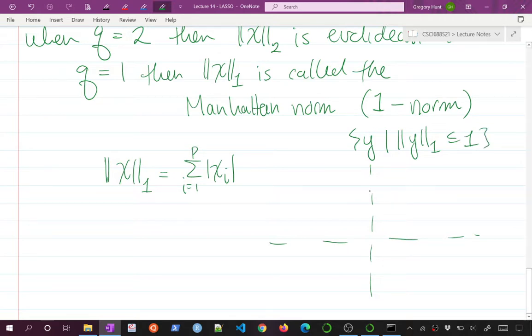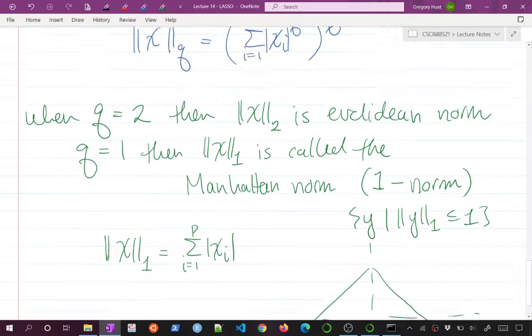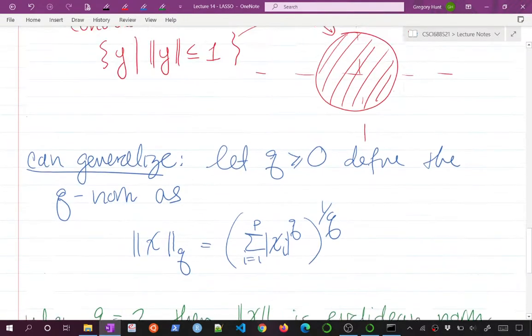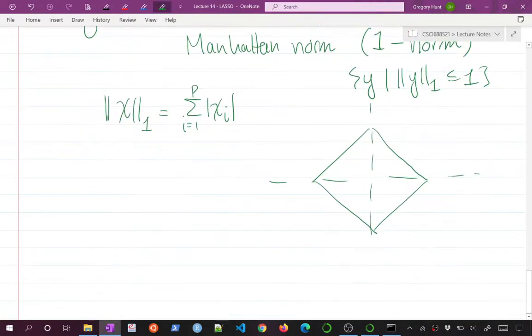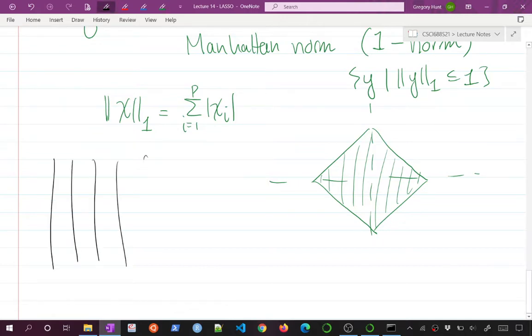This is going to describe not a circle, but a rhombus or a diamond, or kind of a square on its side. So while in the 2 case we got a circle, if we look at the set of all things where the sum of the absolute values is bounded, this is going to be that shaded region.